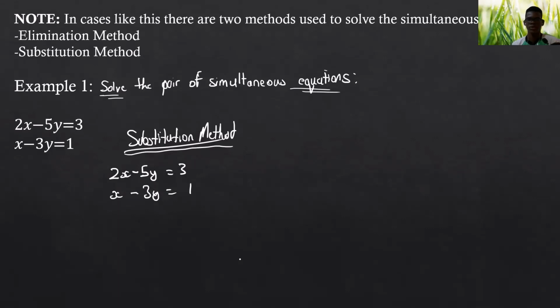Good. So looking at it, 2x plus 5y is equal to 3 and x minus 3y is equal to 1.